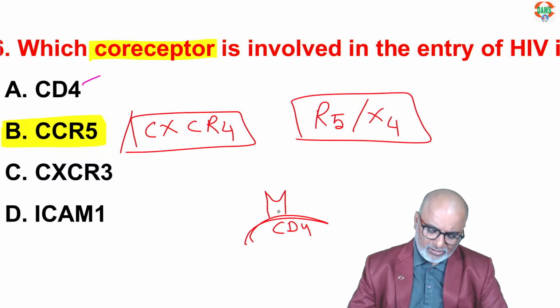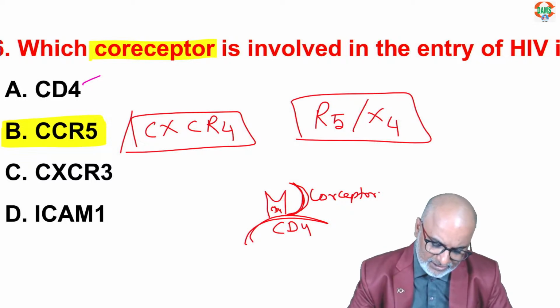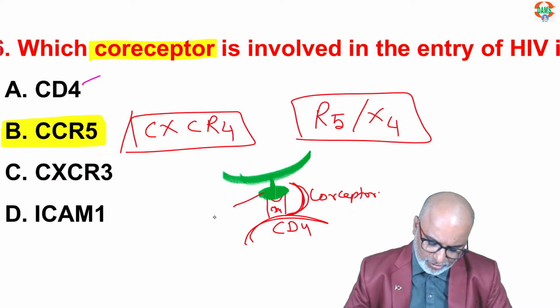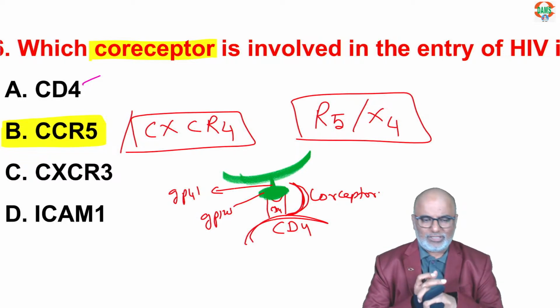It has a receptor called the CD4 receptor along with the co-receptor. The virus comes and attaches like this. This is GP120, the surface glycoprotein, and this is GP41, the transmembrane glycoprotein. So attachment with GP120, fusion with GP41.